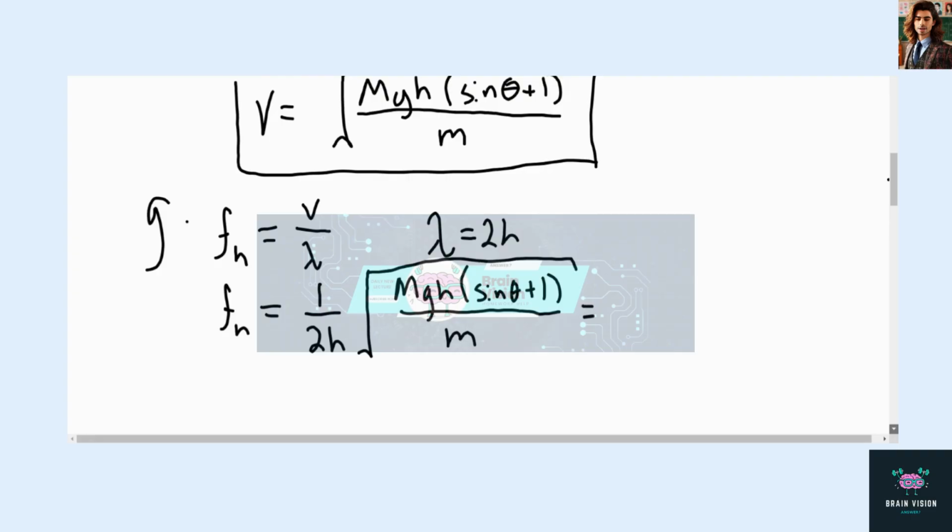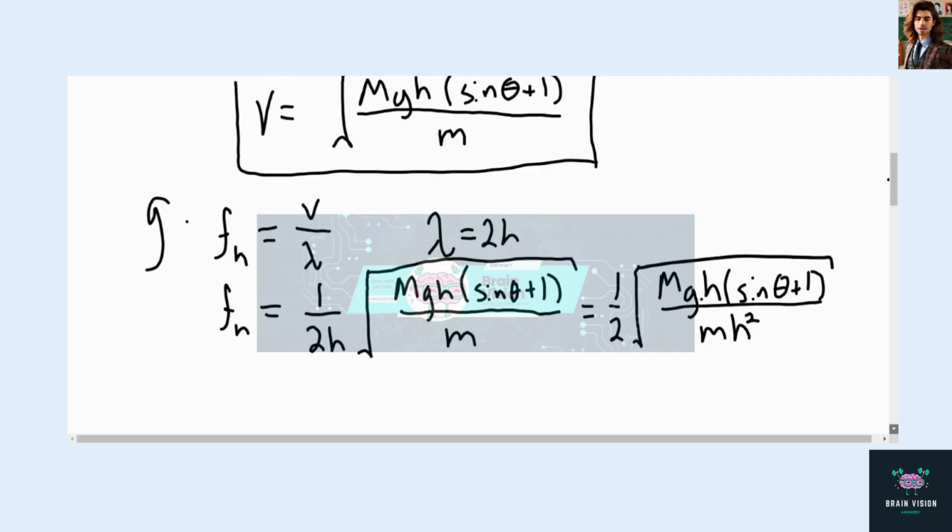And so we'll rewrite that as 1/2 times the square root of big M g h sine theta plus 1 all over little m h squared. So then the h in the numerator gets canceled out, and then the h squared in the denominator just becomes an h.